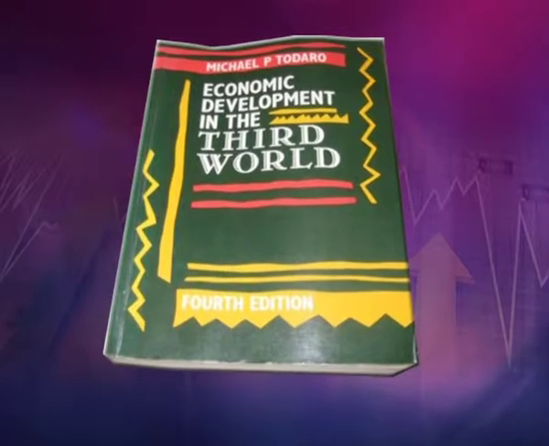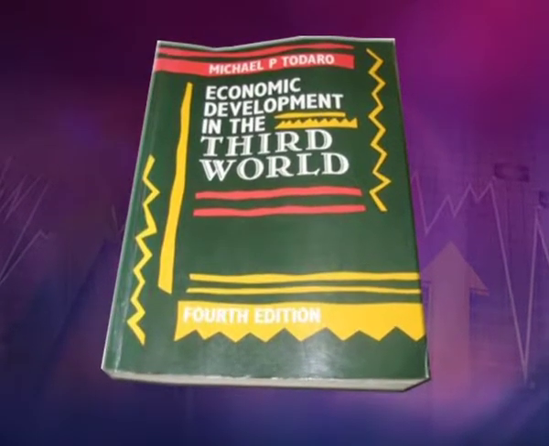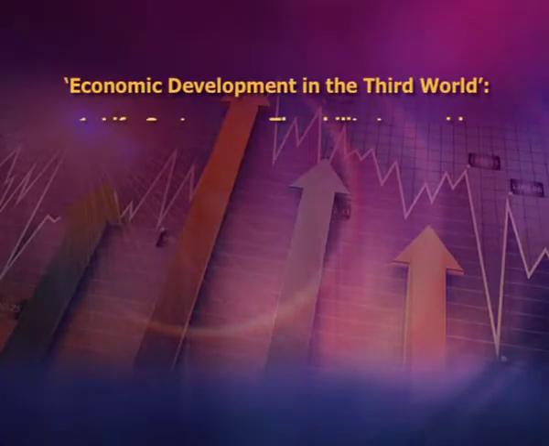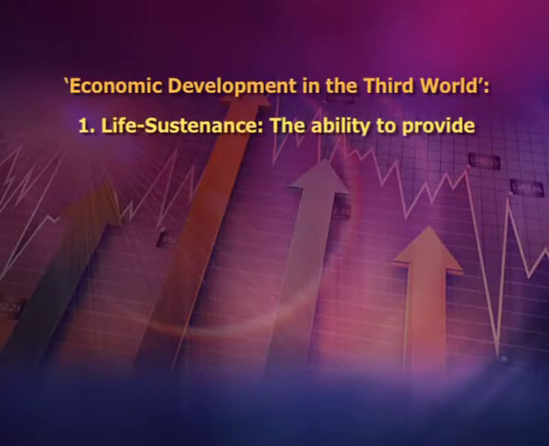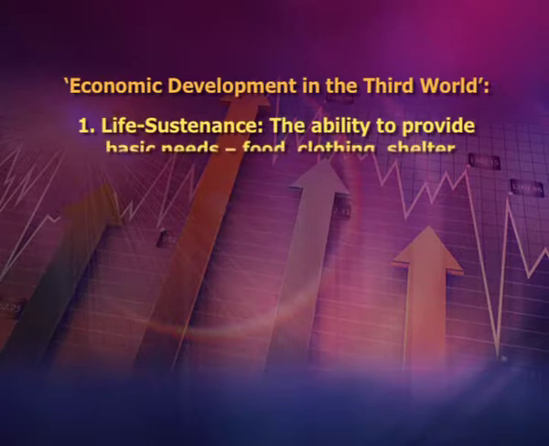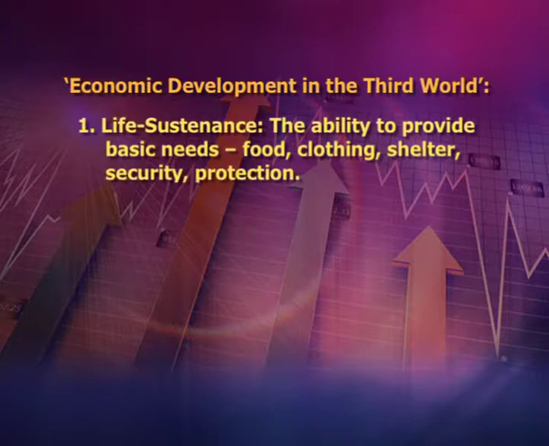Michael P. Todaro, in his book titled Economic Development in the Third World, mentions three basic components or core values given by Professor Goulet and others as a conceptual basis and guideline for understanding the meaning of development. These are: first, life sustenance, the ability to provide basic needs like food, clothing, shelter, security, protection.